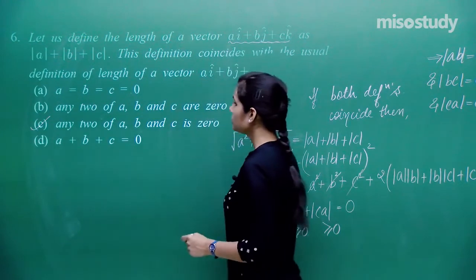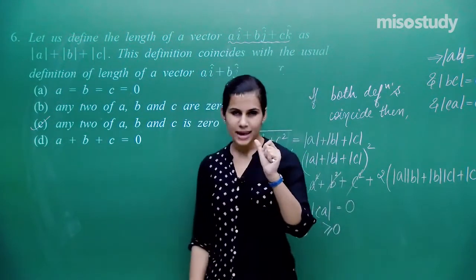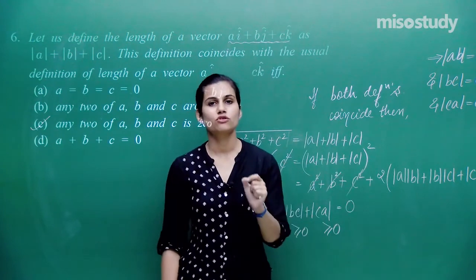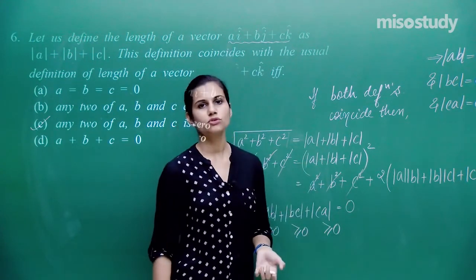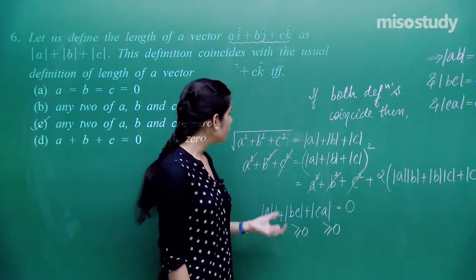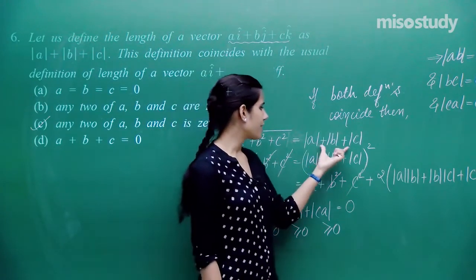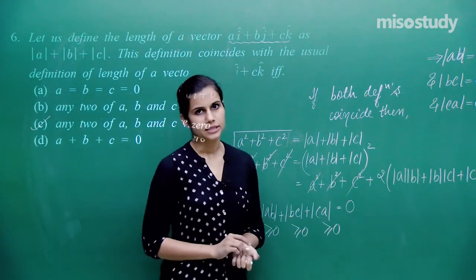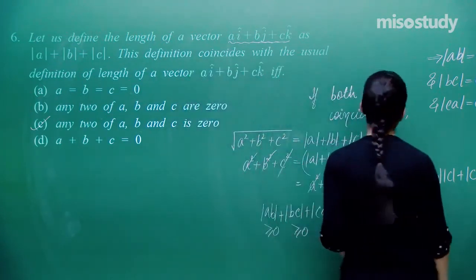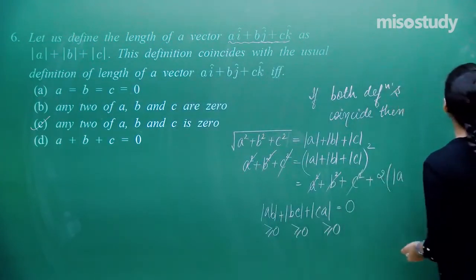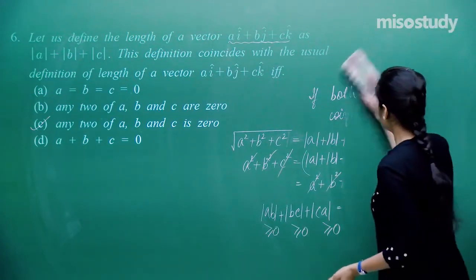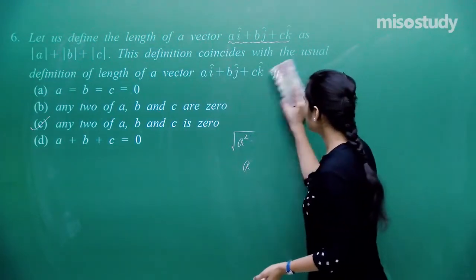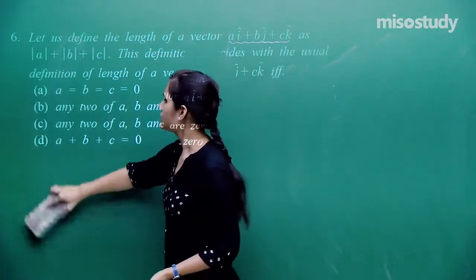So basically the pair of AB, BC, CA should come out to be equal to 0. In that case, you say that both these definitions are going to coincide to give you magnitude. Whether you compute magnitude from here or you compute magnitude from this definition, it will be the same. So you can even save this as a property rather than a question, that this changed definition of magnitude is valid under which situation.